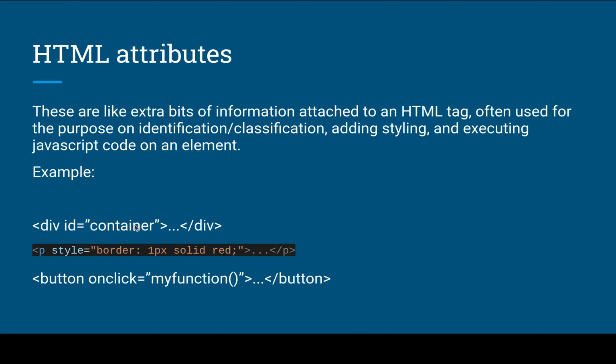So if you need an attribute, for example, that can be shared by more than one element, in that case then you can use a class. So that's just like the main difference. The ID basically is meant to be unique to an element, and then if for example I put a class here, class equals container, then I can have another div within that HTML element with class equal container basically.